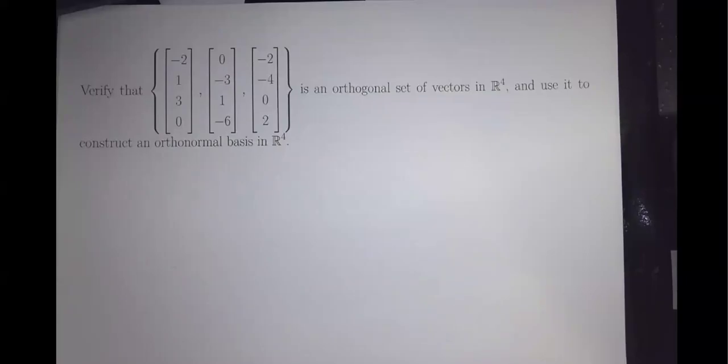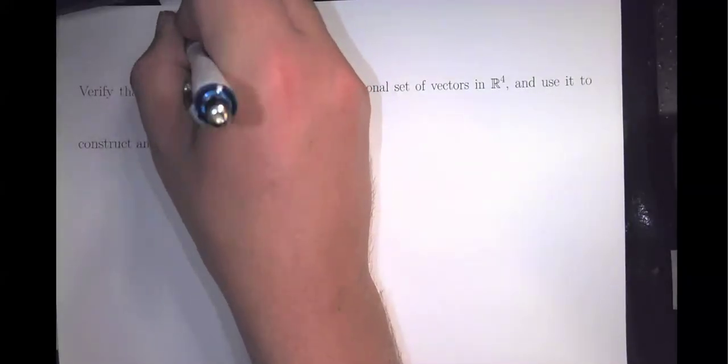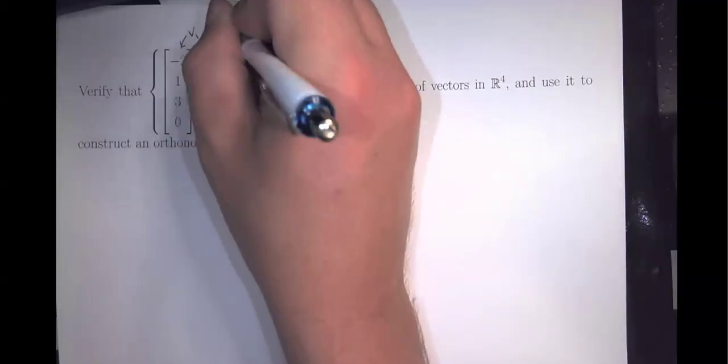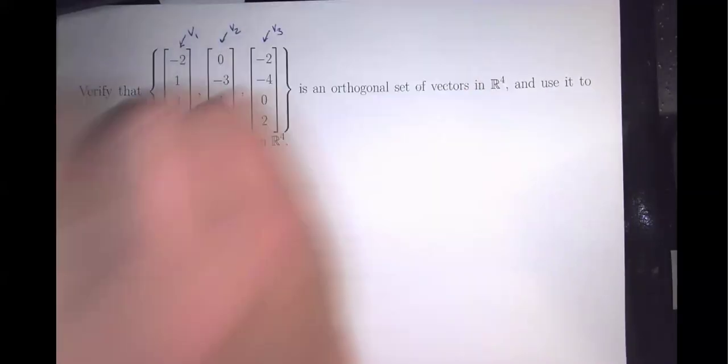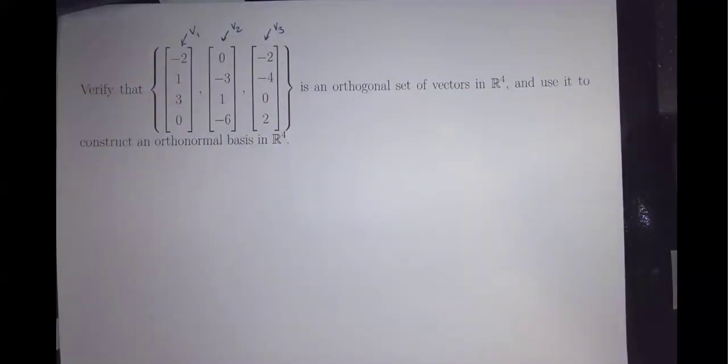In this example, we want to show that the given vectors are an orthogonal set. We want to use it to construct an orthonormal basis. Okay, we can call these vectors maybe v1, v2, and v3, just for the purpose of talking about them.